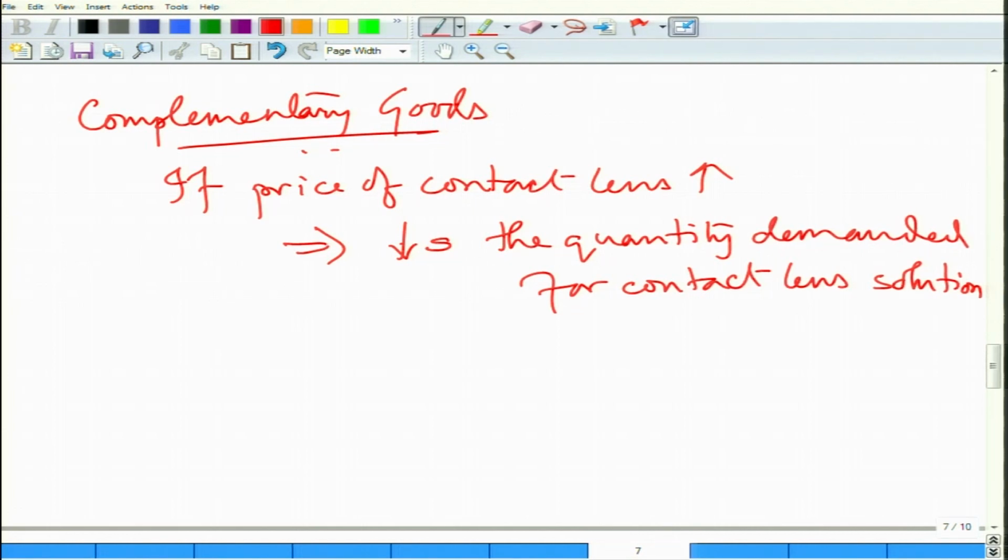Now, why so? Because if the price of the contact lens increases, the demand for the contact lens decreases, and if the demand for contact lens decreases, what will people do with contact lens solution? So the demand for contact lens solution will also decrease, because they are complementary to each other.